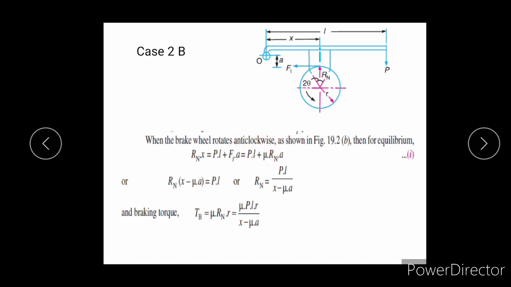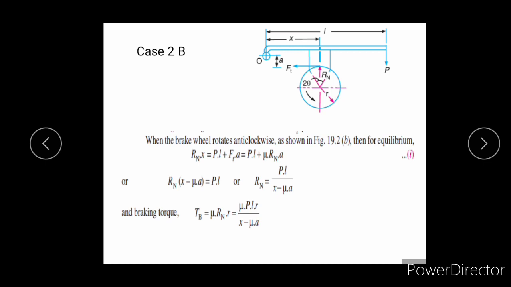In this case, if anyhow you put, see here, x minus mu a is equal to P into l. If anyhow this x is equal to mu a, see, if x is equal to mu a, then that time Pl is equal to 0. It means P will be equal to 0. It means the applied effort will be 0 and the brakes will be applied.